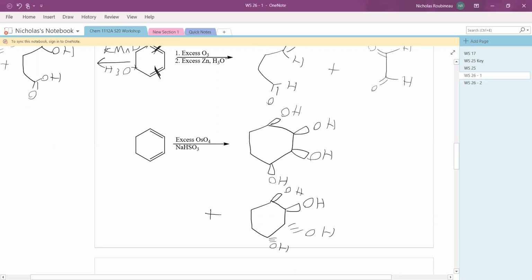So these are the two products. And if you drew everything as a wedge, or everything as a dash, or you made the top ones wedge, the top ones dashes and the bottom ones wedges, you could just flip the molecule and it would be the same thing. So that would be a waste of time. These are the two products.